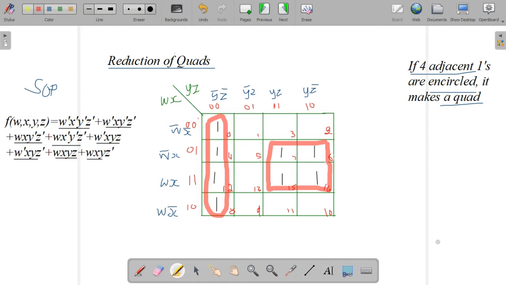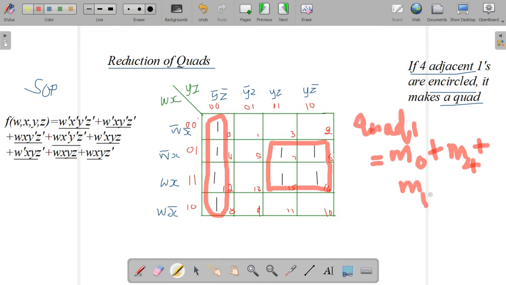Chord 1 equal to, first you have to write the minterm designation. What are they? First one is m0 plus, then the next one is m4, plus m12, plus m8.